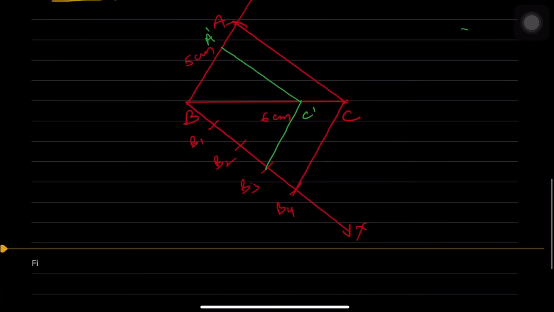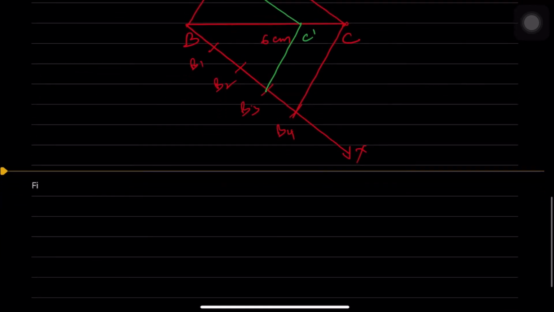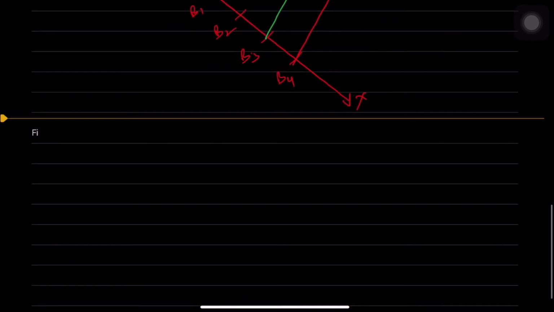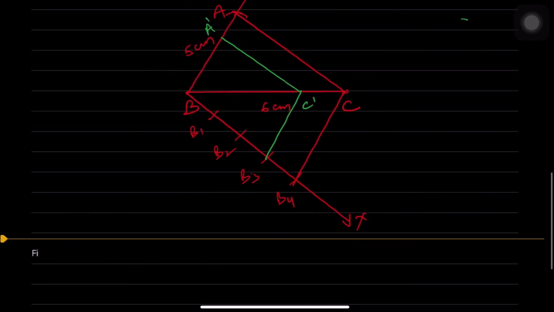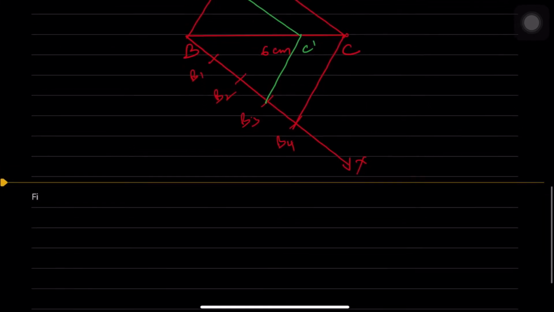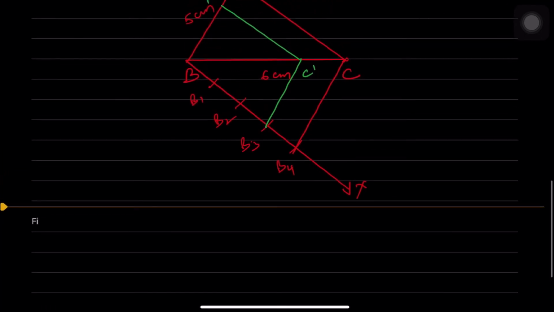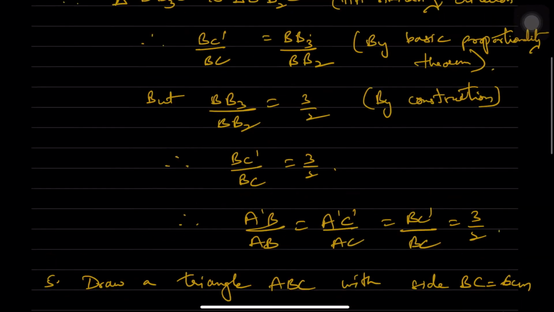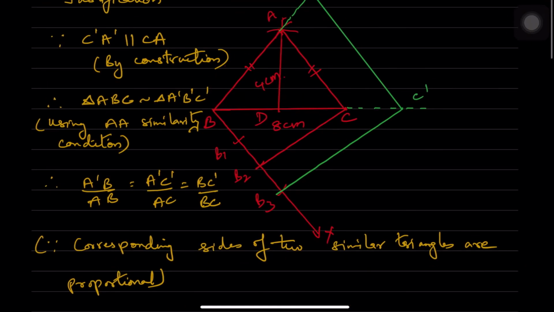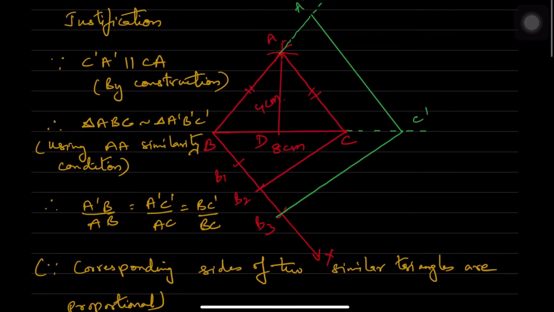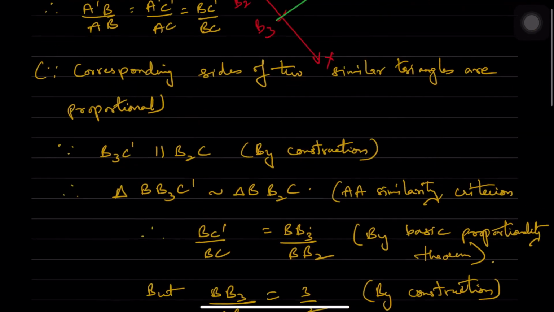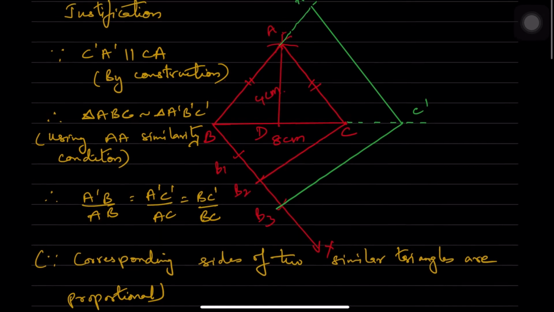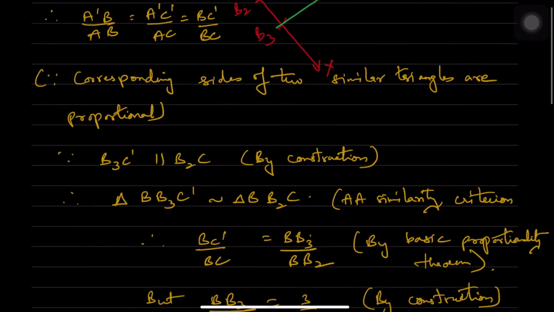First we drew the triangle here, and because the scale factor 3/4 is less than 1, we get it inside the triangle. For the previous one it was outside, because the ratio was 3/2, which is greater than 1.